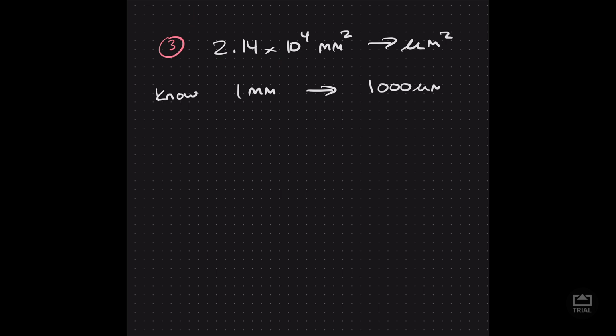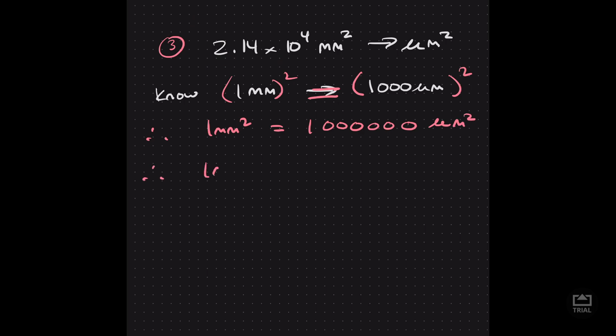1,000 micrometers. And because I'm dealing with an area, I need to square both of these because we're saying they're equal. Therefore, 1 millimeter squared is going to equal 1 with 1, 2, 3, 4, 5, 6 zeros micrometers squared.